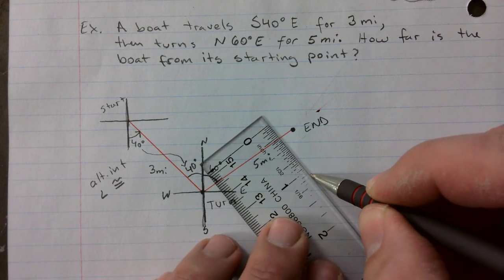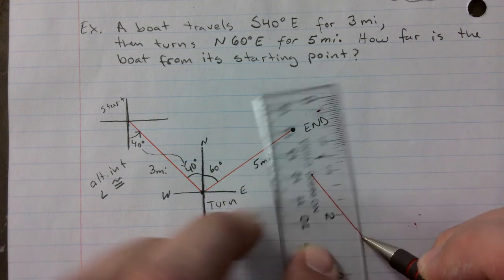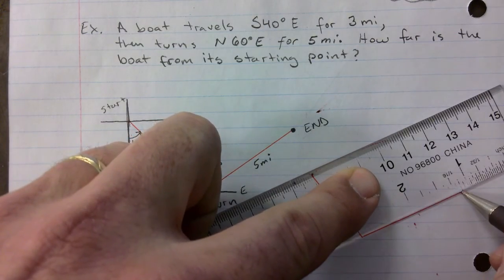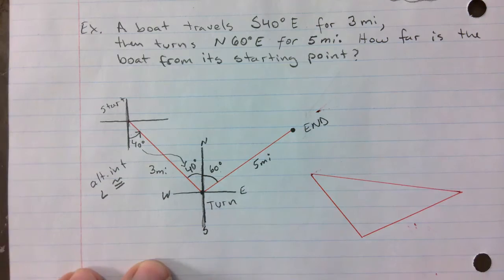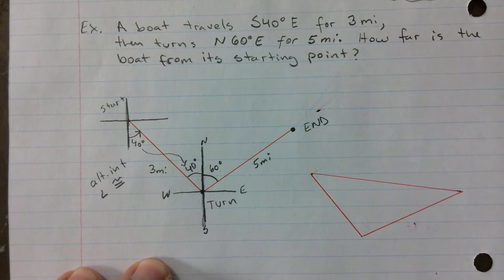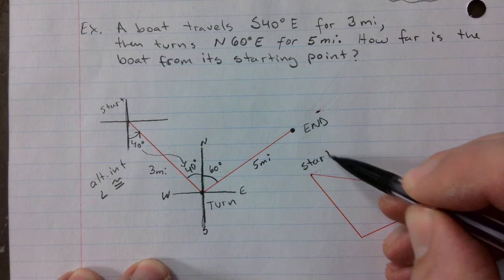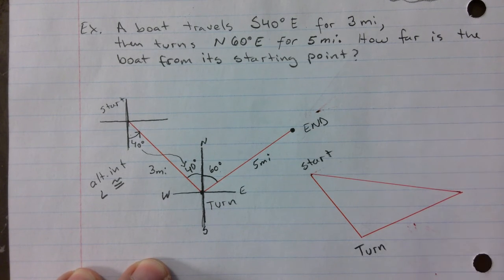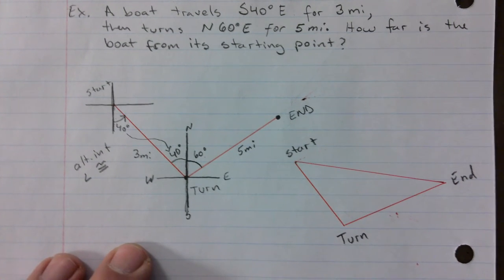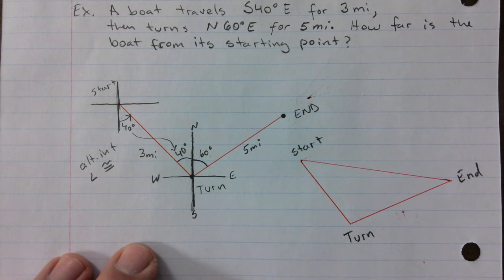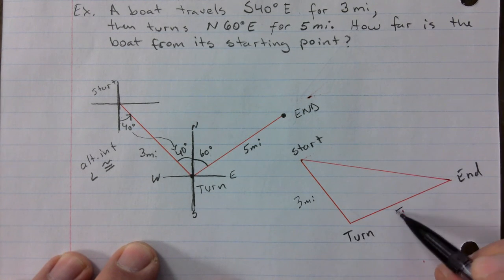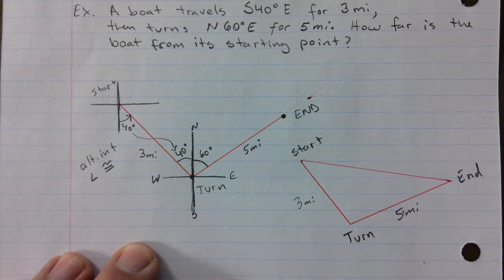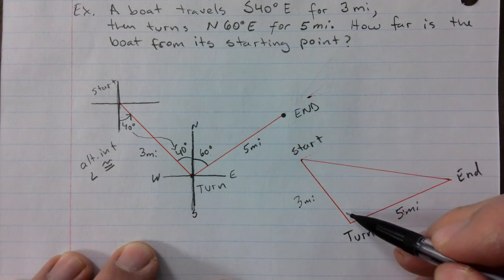I'm going to kind of try to copy it. Start, turn, end. 3 miles, 5 miles, and this is now what?